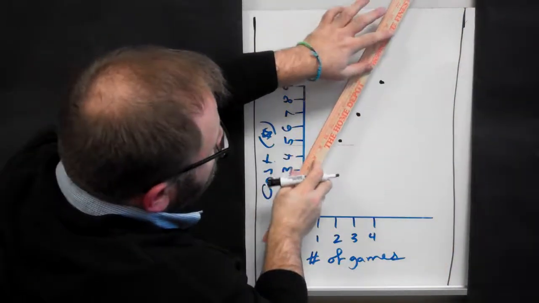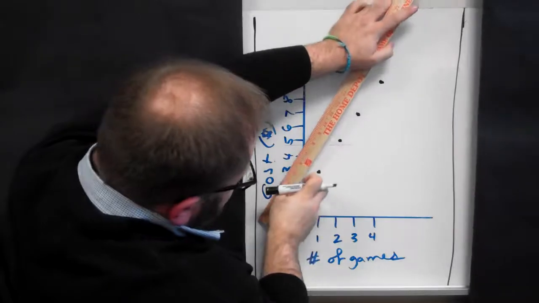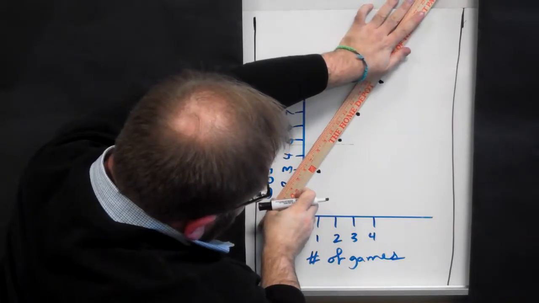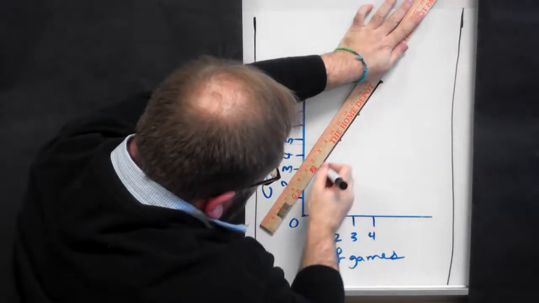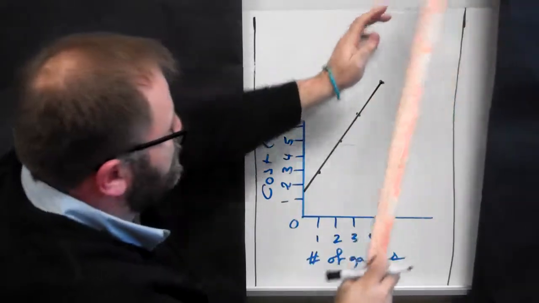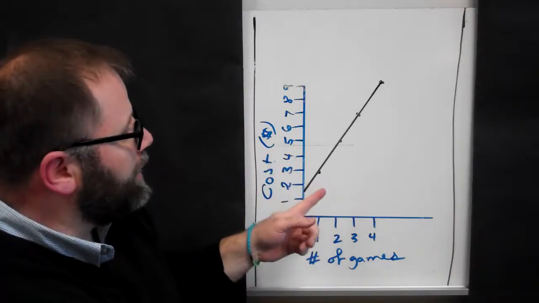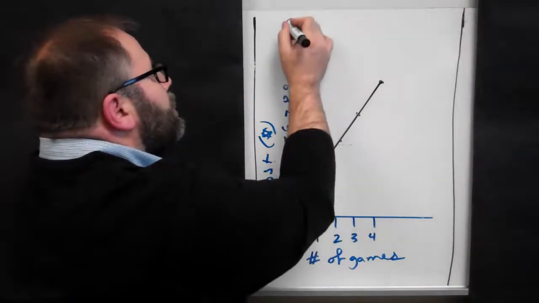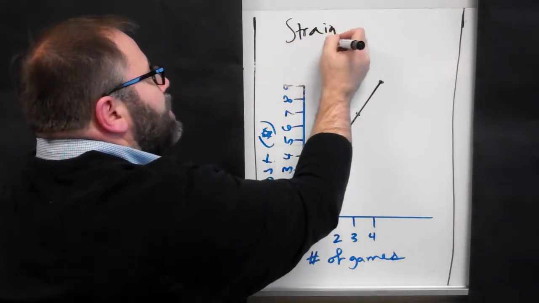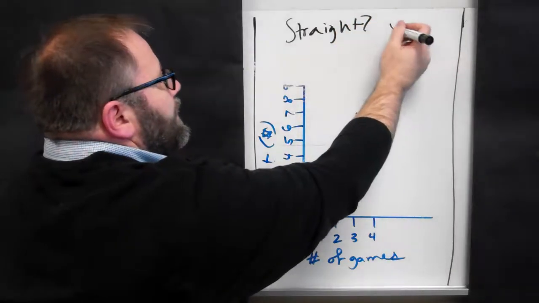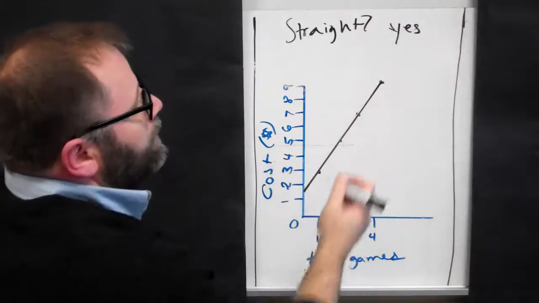Now, let's make our line happen here. And now we check for proportionality. So our first criteria, is the line straight? And as we look at it, yes, the line is straight.